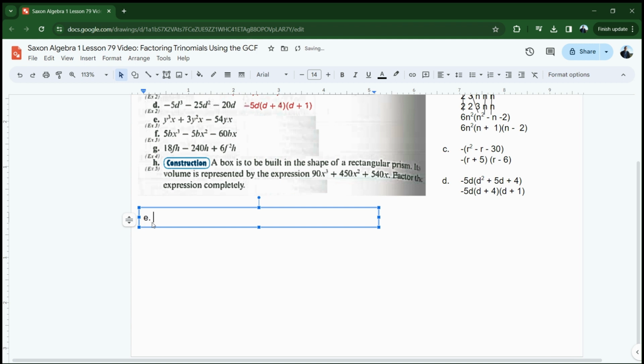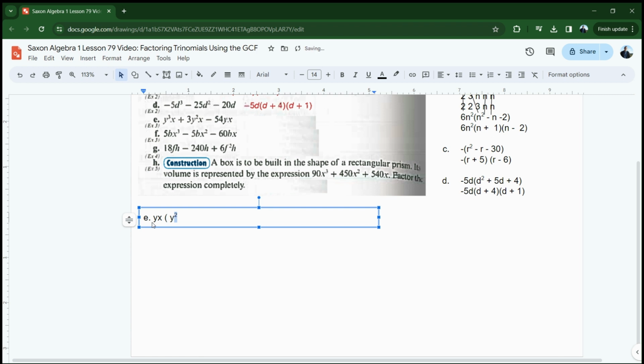All right. In letter E, what can I pull out of all three of these? Well, the only thing I can pull out of all three of these is a xy or yx, right? I wonder what that's going to do to our problem if I pull a yx out front. And I'm going to just do it in that order because they did it in the order yx. So let's see, yx. If I pull a yx out of the first term, I get y squared.